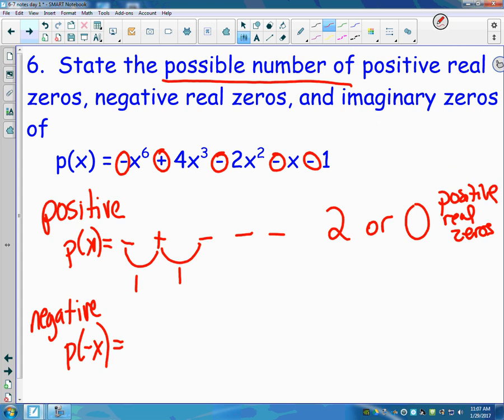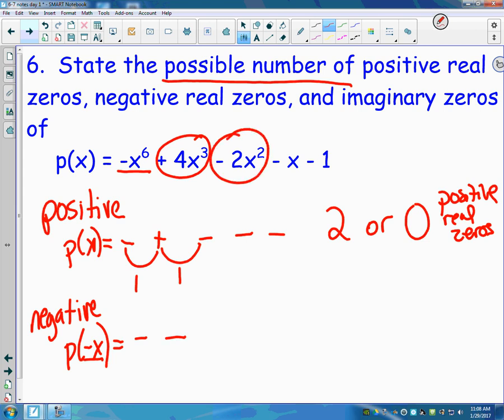So when I do these, I just look at the exponent. So for x to the 6th, a negative is not going to change what that sign is. It's going to stay the same, so it's going to stay a negative. What about this one? It's positive 4x to the 3rd right now. When I plug a negative into that, it's going to change it. So that's going to change from positive 4 to negative 4.